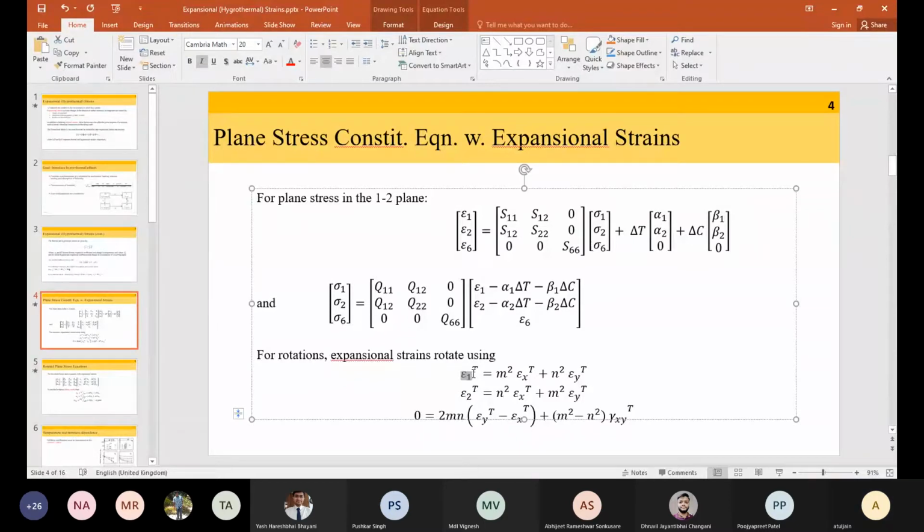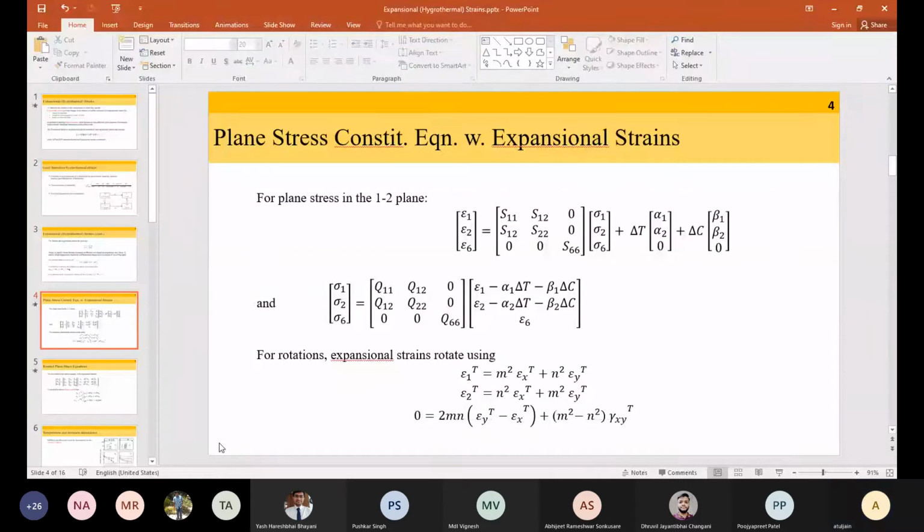This is coming in exactly the same way as we had done strain transformation and coefficient transformations in my previous lecture. Epsilon 1, 2 is 0. So 0 is equal to, you get this term. Okay, is it clear? Yes, sir.